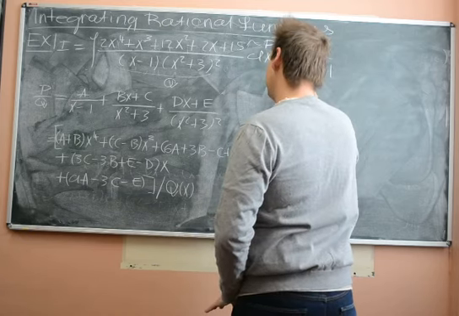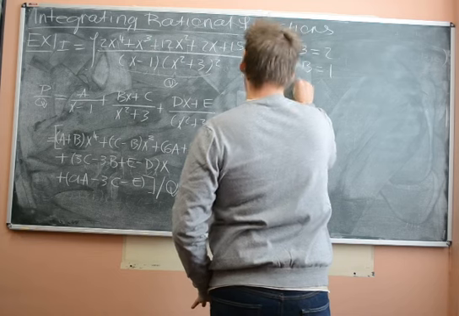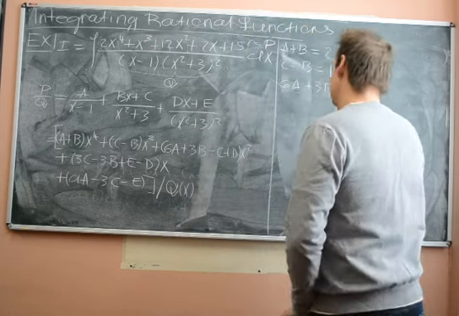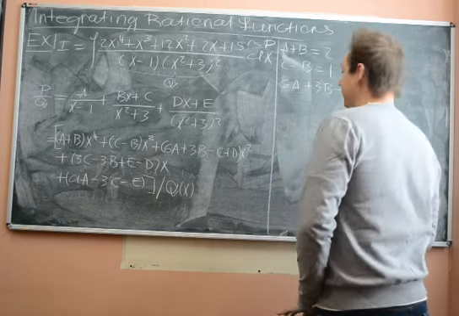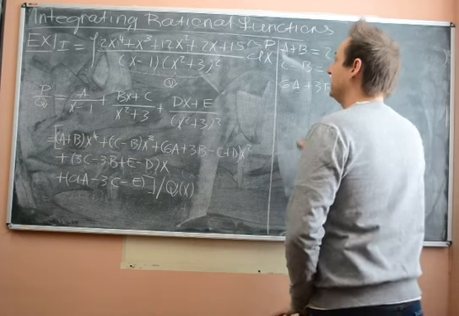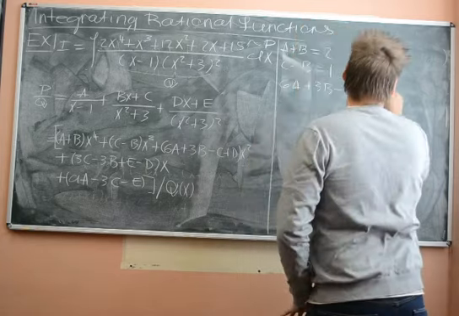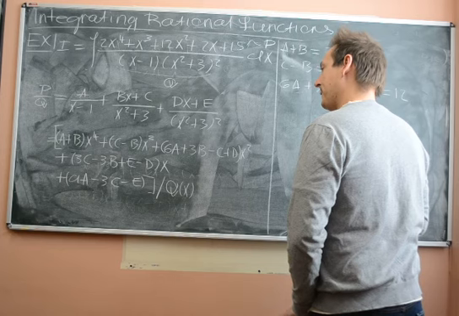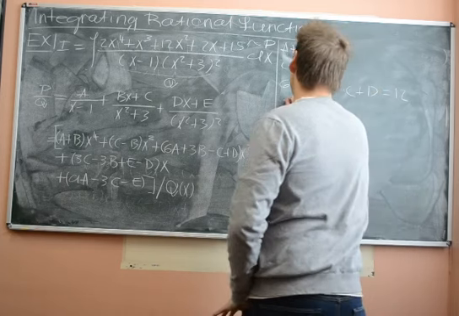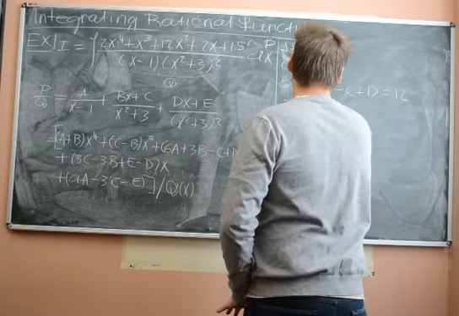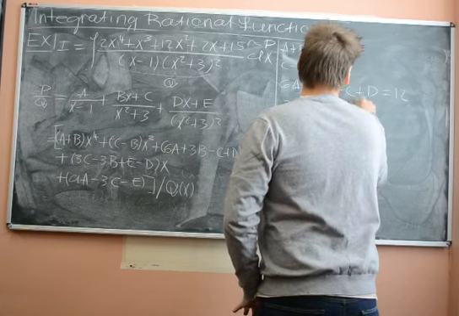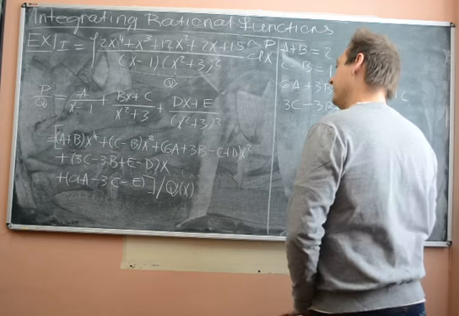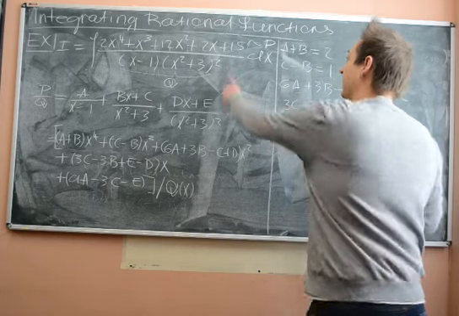Then we have 6a plus 3b minus c plus d. That has to equal 12. And then for the x's, we have 3c minus 3b plus e minus d, and that equals 2.